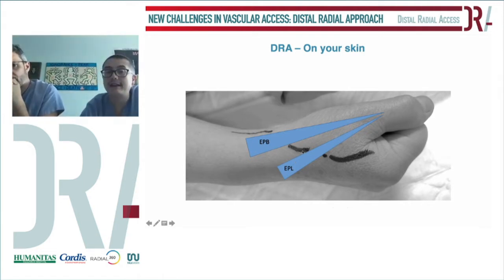So, in fact, our puncture site may be this one, anatomical snuff box, or this one, dorsal distal radial artery. And it's quite easy because our references are quite clear, and the pulse is really a nice guide for us.